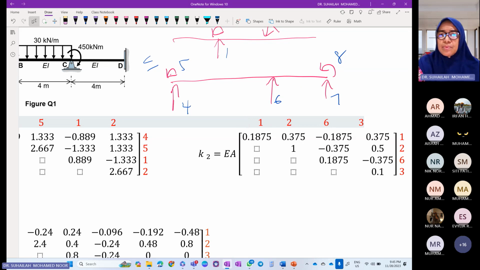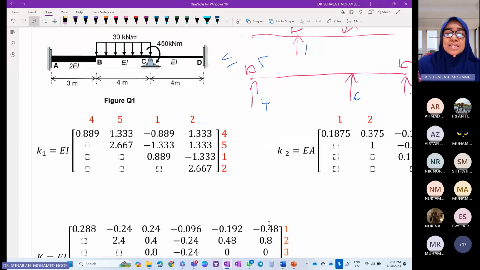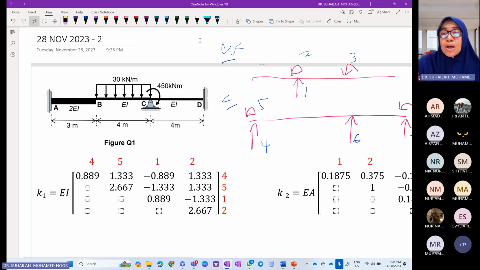So we must label. This is compulsory. The label must be according to YZ for near and far end. Near end means, for BC, near is B, far is C. That is why the label we use is 1263.